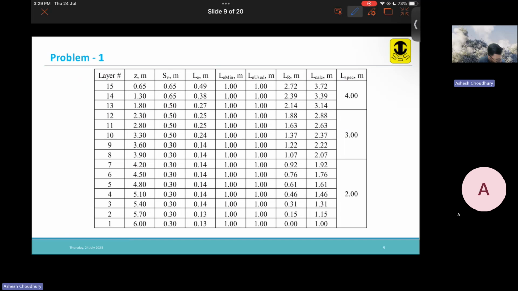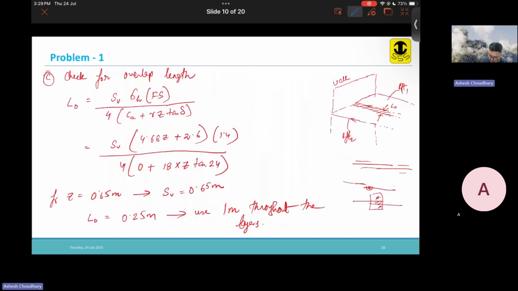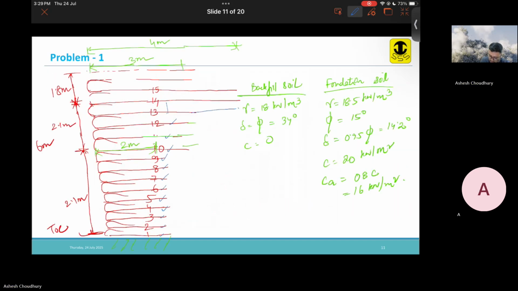So see, in the book, what they have done, 1, 2, 3, 4, 5, 6, 7, 8, 9. 9 layers, they have taken 2 meter width. But when they have made the table, they made it like ours itself. That's why you are getting a little bit confused.